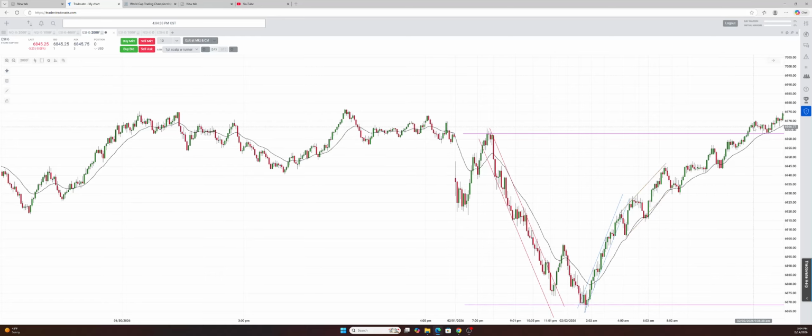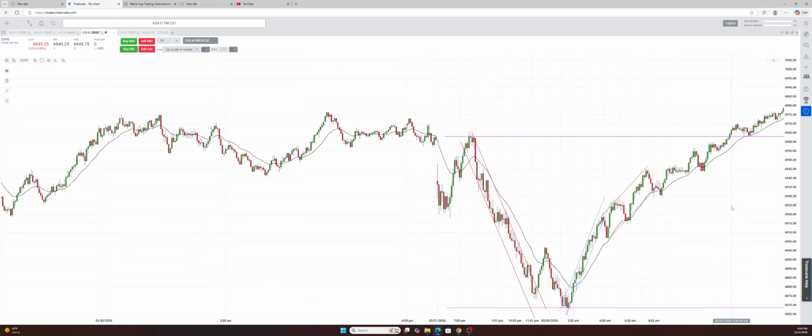But I'm looking for clean legs of correction or clean movements in the price action where I can tell that a movement is over and I can get in, either temporarily back in one way or another. So this has moved up, and now we're up above the overnight high.